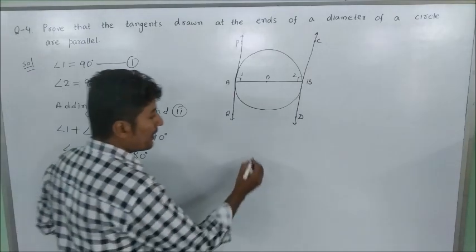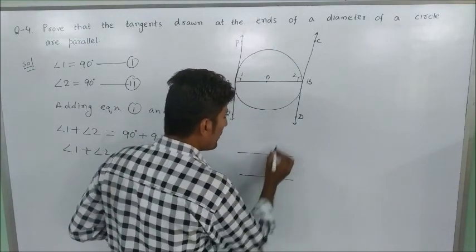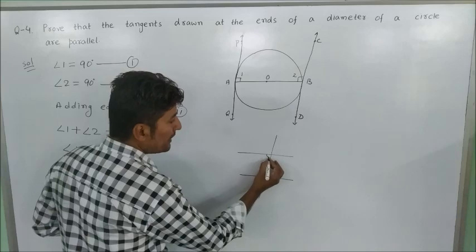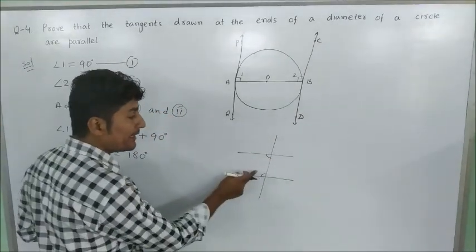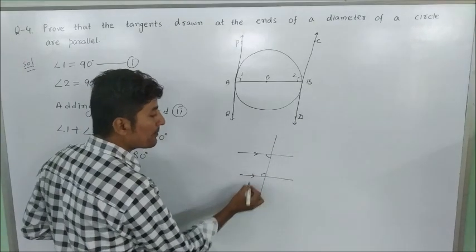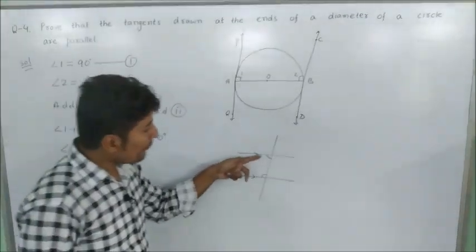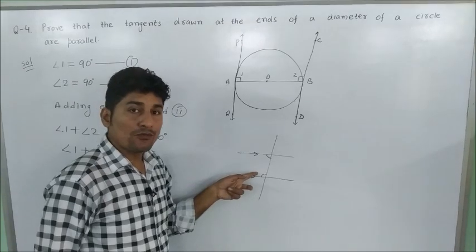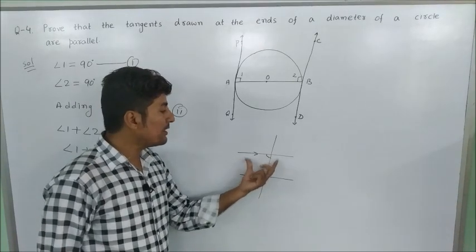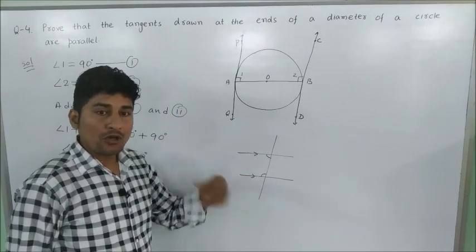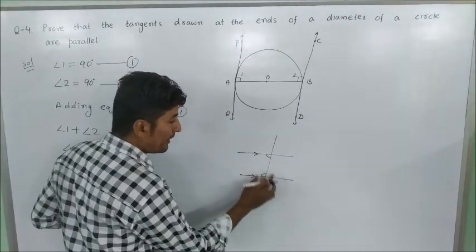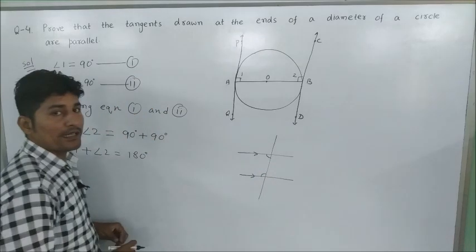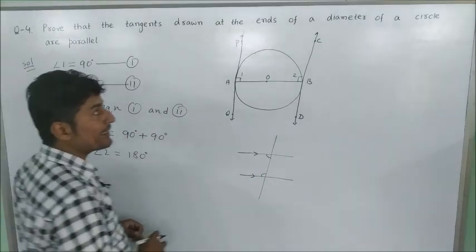As we know, if we have two lines and the sum of these two interior angles equals 180 degrees, then these two lines must be parallel. Or in converse, we can say that if these two lines are parallel, then the sum of these two angles equals 180 degrees.